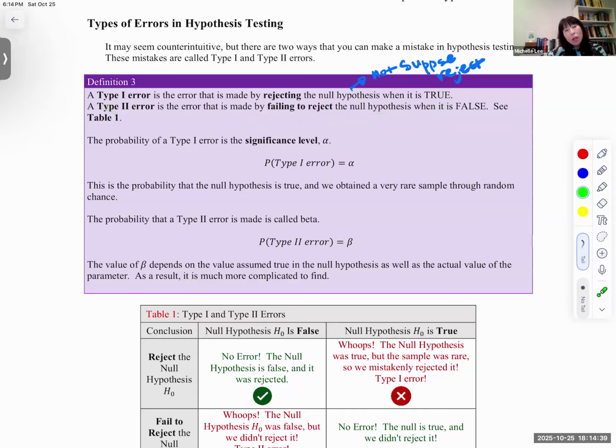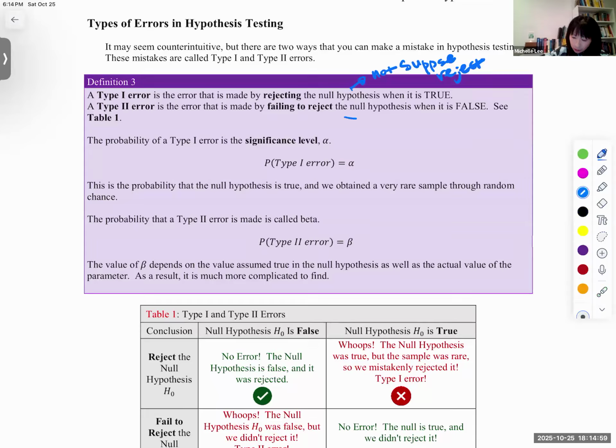Okay, so when the null hypothesis is false, it's supposed to reject, but they did not reject. They failed to reject, by mistake or accidentally, right? So that's the type 2 error.